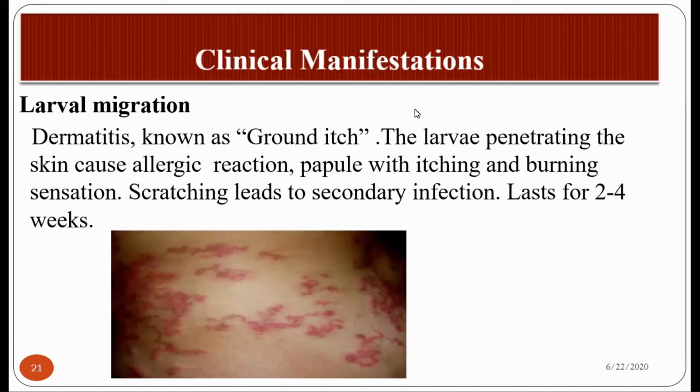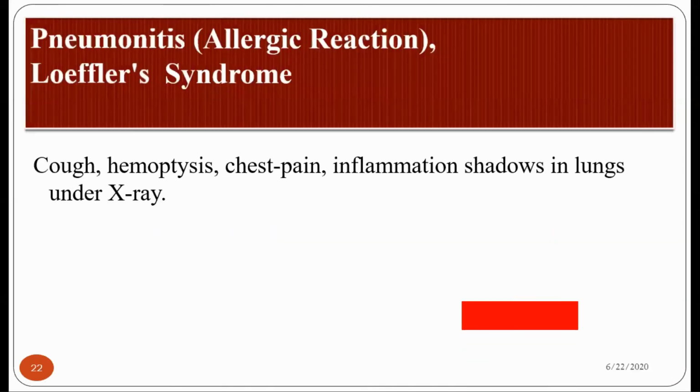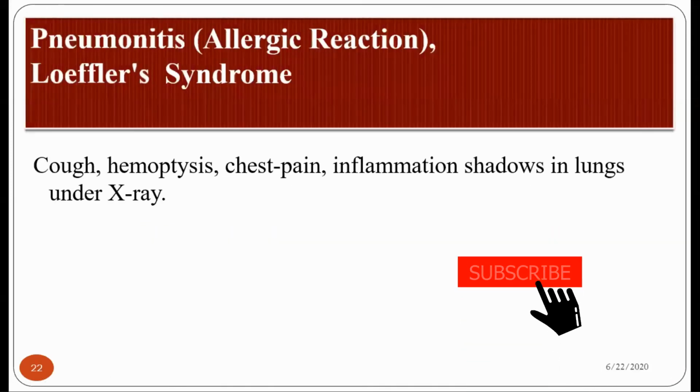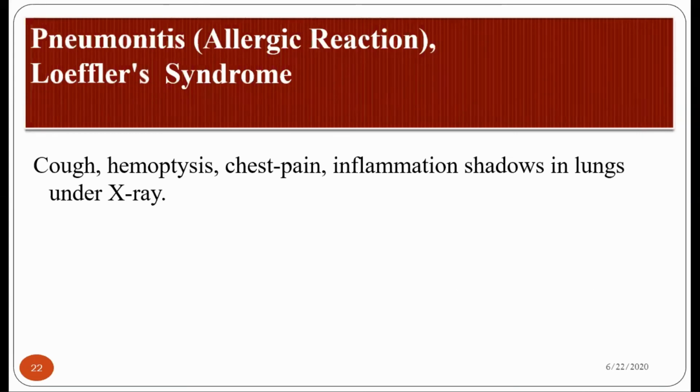This is the picture of ground itch, which is produced by the human pathogenic hookworms, Ancylostoma duodenale and Necator americanus. Here we can see serpiginous rashes. In the life cycle of these hookworms, there is heart-lung migration, which produces allergic reactions known as Loeffler's syndrome or Loeffler's pneumonia.